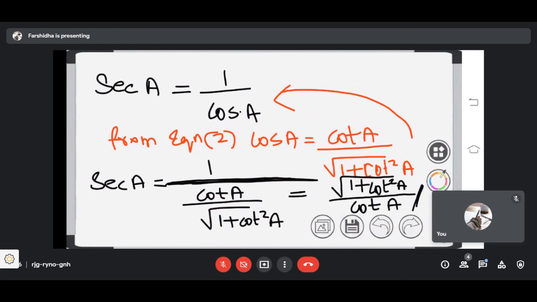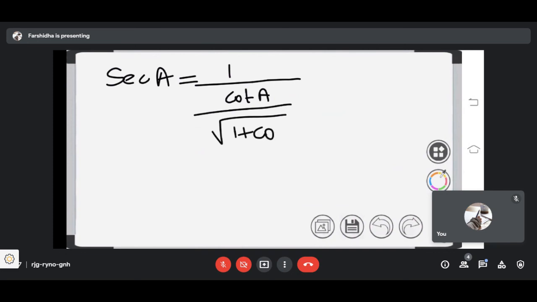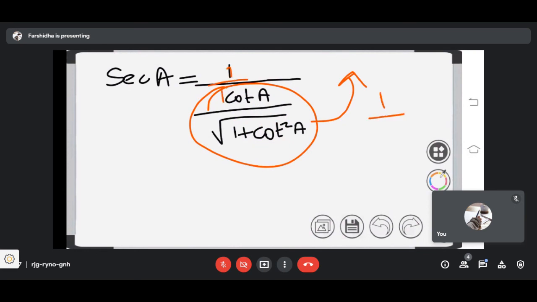Wait, I'll write it more clearly. You got sec A equal to 1 by cot A divided by root of 1 plus cot square A. Now I'm taking these two to this side, so we'll take the reciprocal and also multiply with this 1. 1 means 1 by 1.